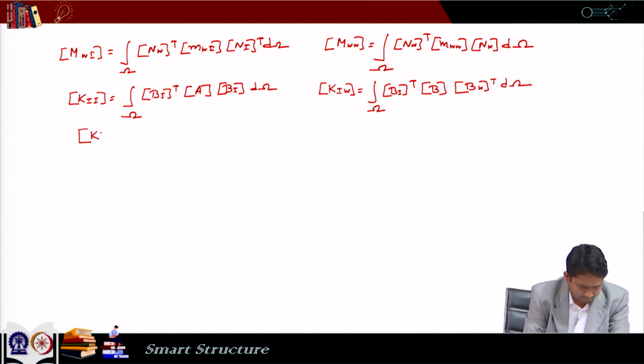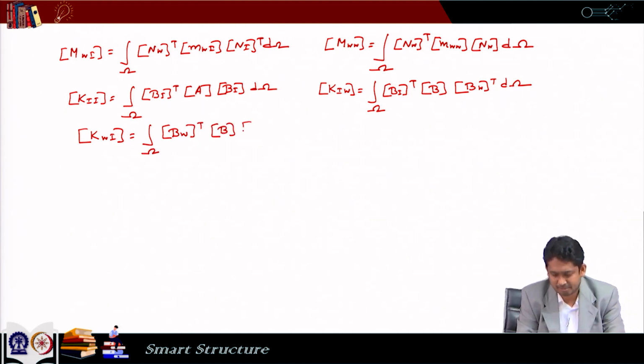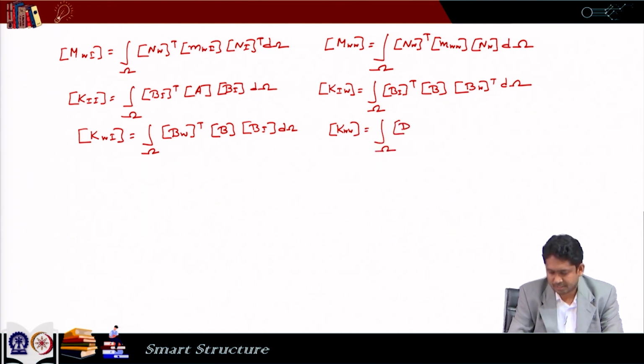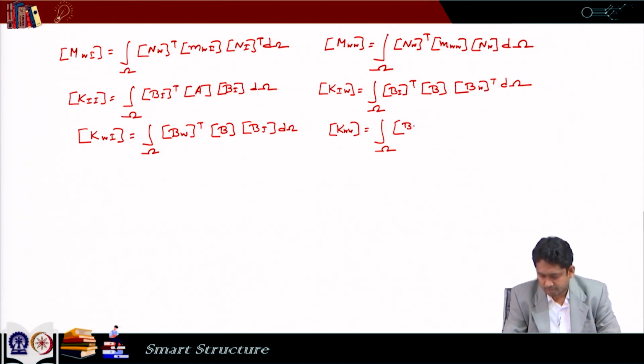Then we have KWI, which is equal to BW transpose multiplied by the B matrix multiplied by the Bi matrix. We have KWW, which is BW matrix multiplied by D matrix multiplied by BW.